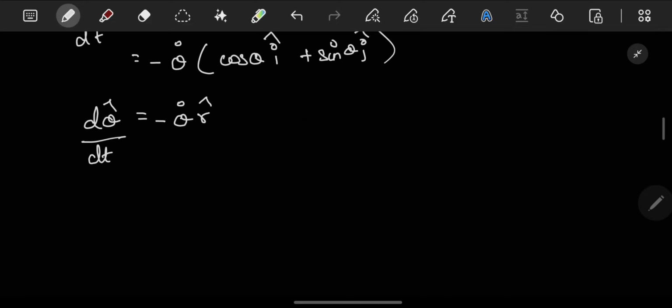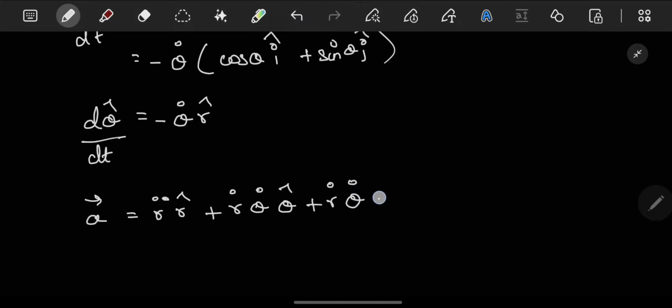So let's substitute this value in acceleration a vector, which is equal to r double dot r cap plus r dot theta dot theta cap plus r dot theta dot theta cap plus r into theta double dot theta cap minus theta dot r cap into r theta dot.